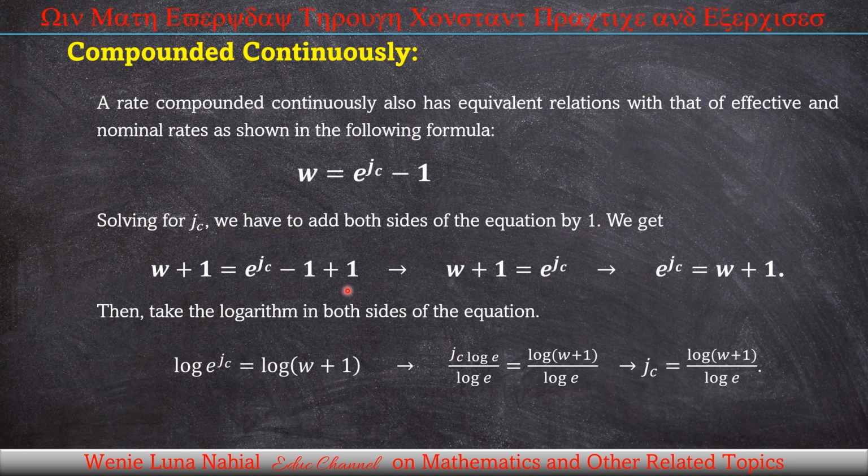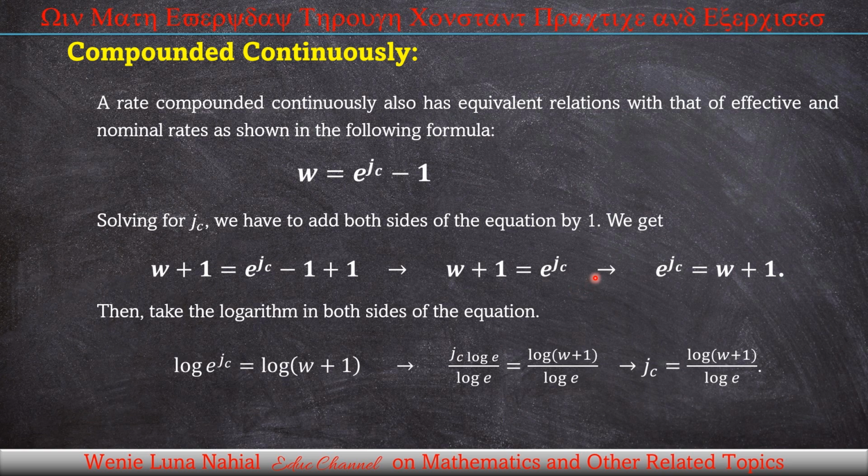So we get w plus 1 equals e raised to j sub c minus 1 plus 1. What we're doing here is applying the addition property of equality. We added the same amount to both sides of the equation, so the equation still holds. So we have w plus 1 equals e raised to j sub c.